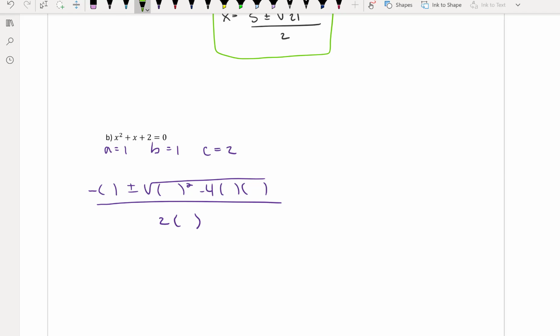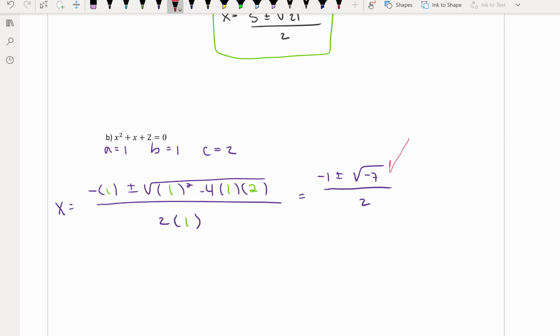So the values that I'm plugging in, my b value is 1, and I have my a value as 1, and my c value as 2. So I'm going to have a negative 1 plus or minus the square root. Now if I have 1 squared minus 8, that's going to give me a negative 7 over 2.